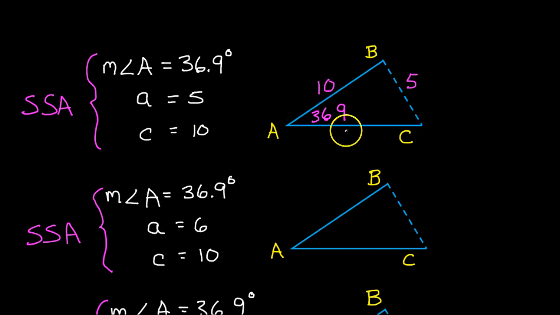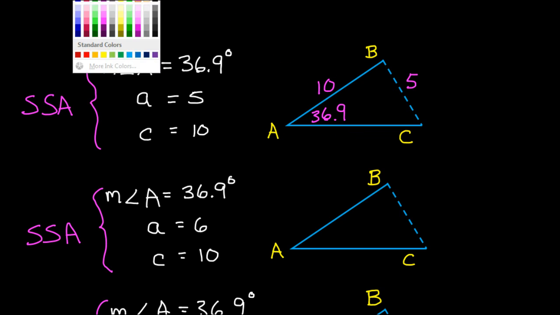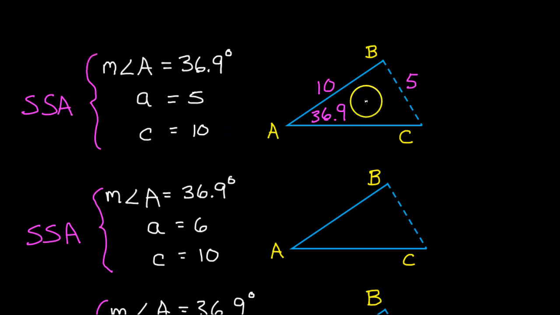So this is what we know. Now, you might think, oh, it's just a normal problem. Let's just do the law of sines and figure this out. But here's what makes this problematic. We have to think about the height of this triangle. Alright, so imagine that I were to drop a vertical line straight down.